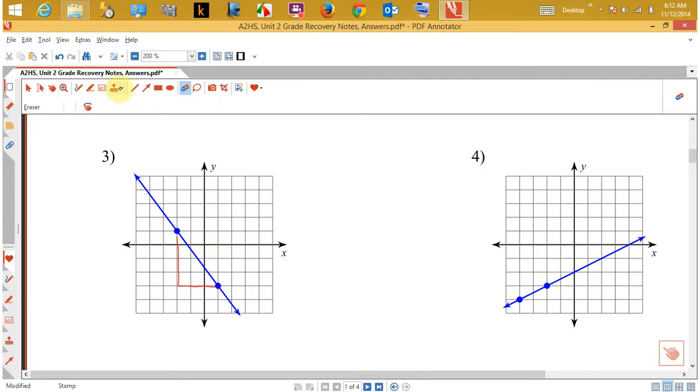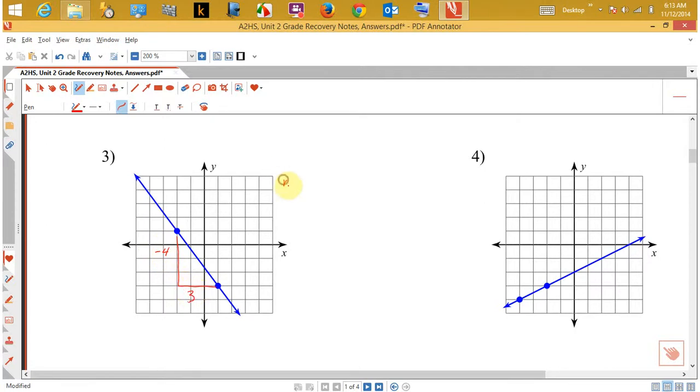So the slope is going to be the rise. The rise of this would be going down. That would be a negative 4. And then we'd go right 3.